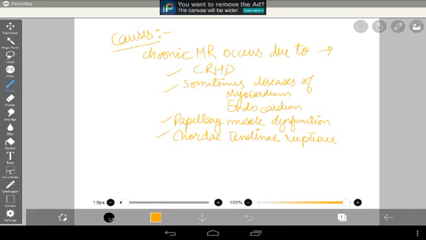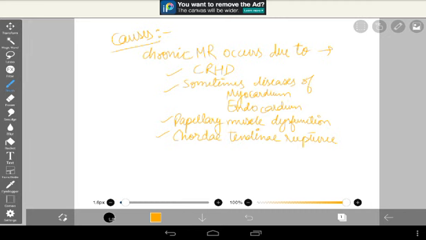Now let's talk about the causes of chronic mitral regurgitation. Chronic mitral regurgitation occurs due to chronic rheumatic heart disease. Sometimes it also occurs due to diseases of the myocardium as well as the endocardium, for example infarction, myocarditis, endocarditis, and cardiomyopathy.